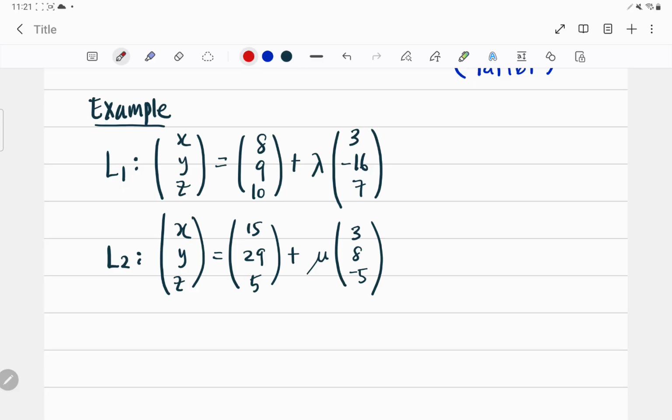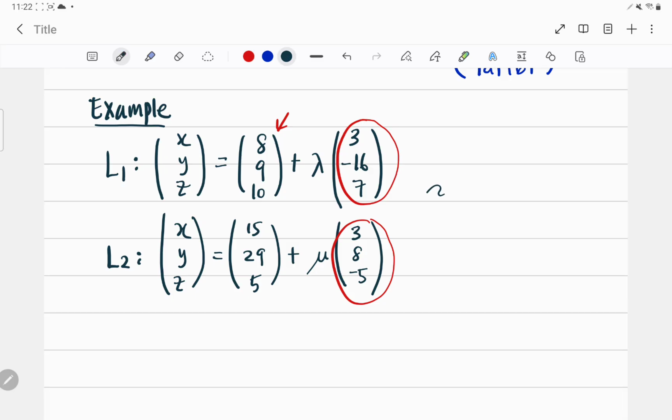The direction vector of line 1 is this 3, minus 16 and 7. Similarly, the direction vector of line 2 is 3, 8 and minus 5. And what is 8, 9 and 10? It is a fixed point on line L.